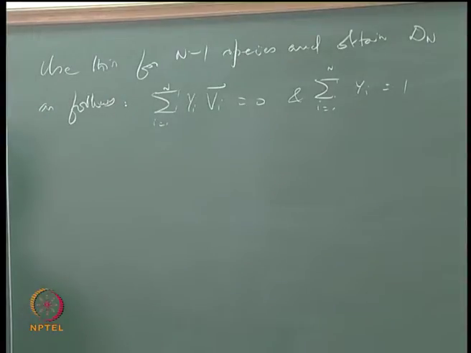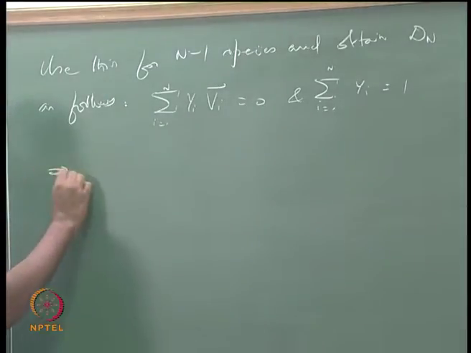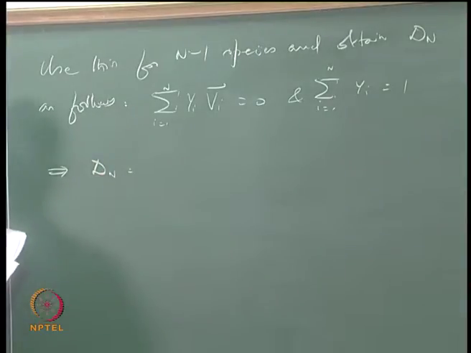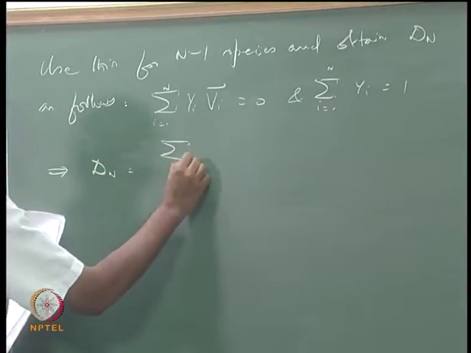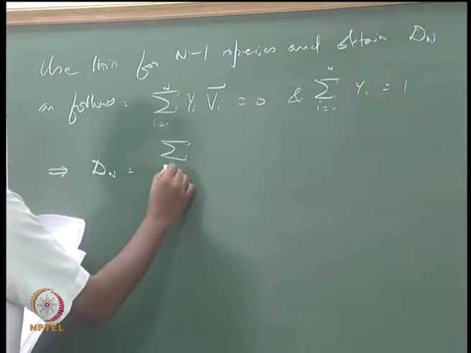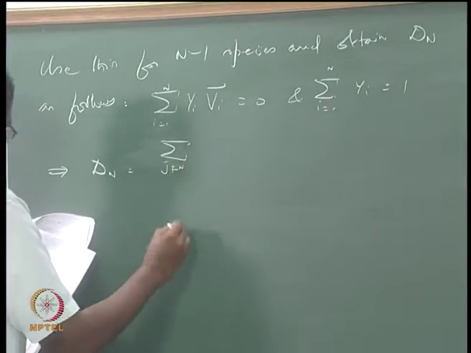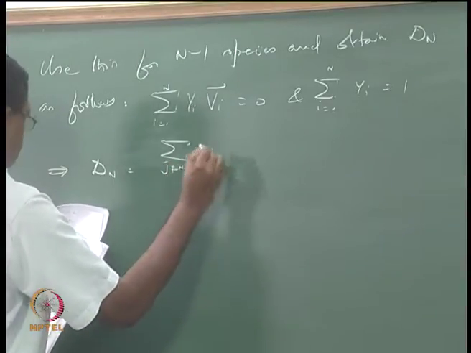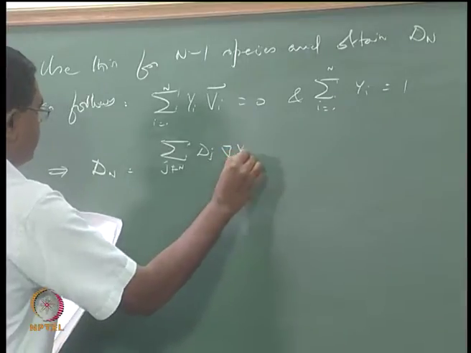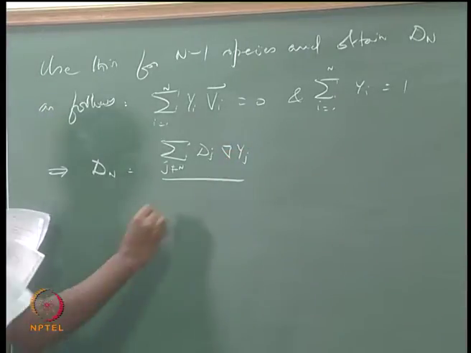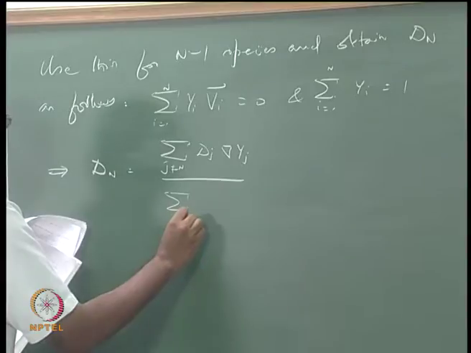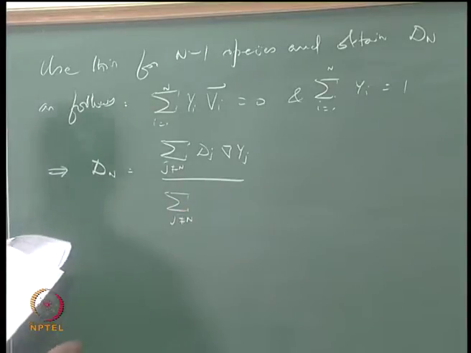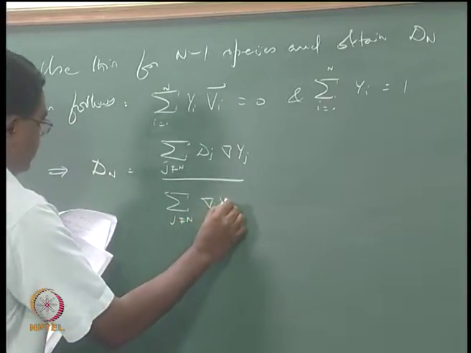Use these to obtain your Dn as sigma j unequal to n Dj gradient Yj divided by sigma j unequal to n gradient Yj.